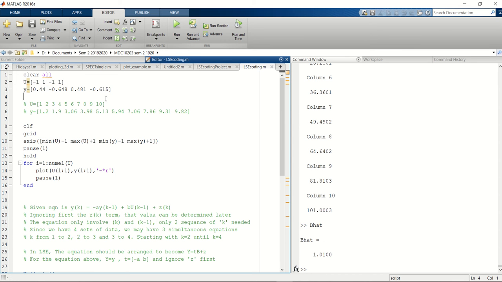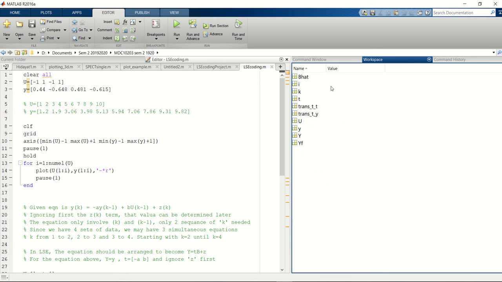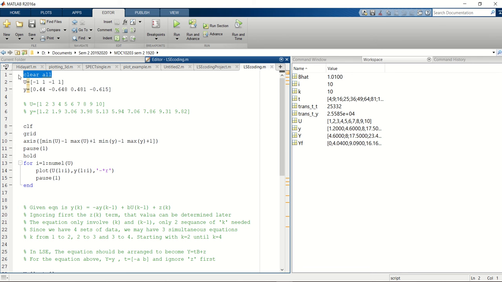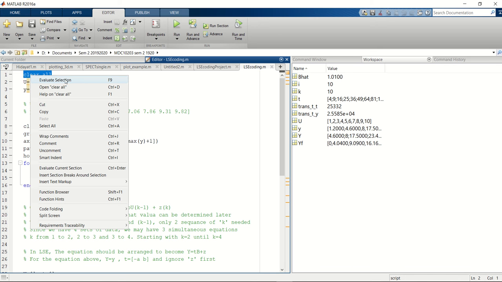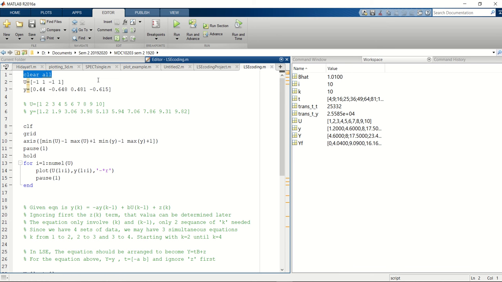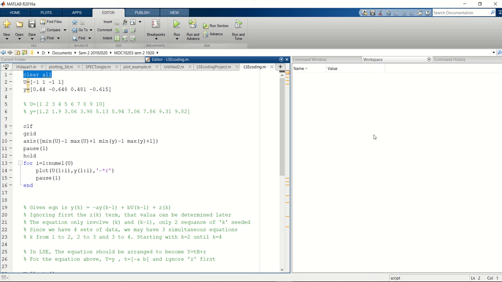Right, so remember, this is our command window. This is our workspace, so we have all the values. So if we select the first line and we use right click, evaluate selection, or we just press F9, everything in our workspace will be cleared. Right, so that is the first line.